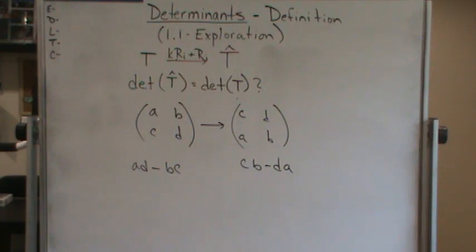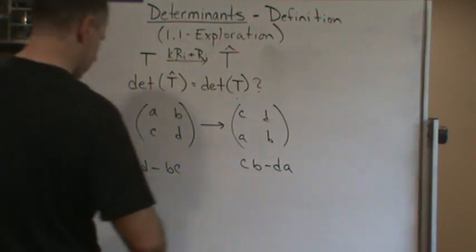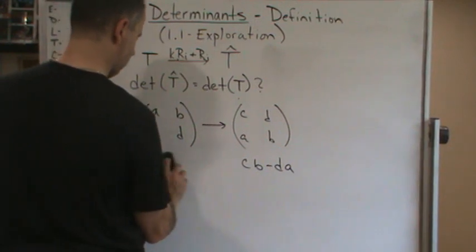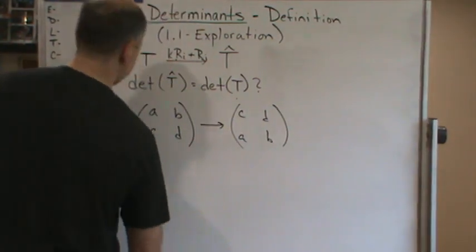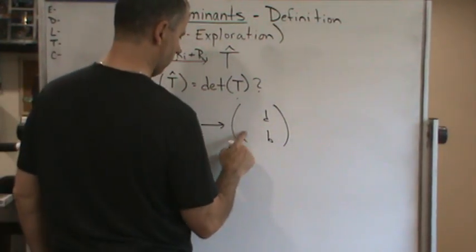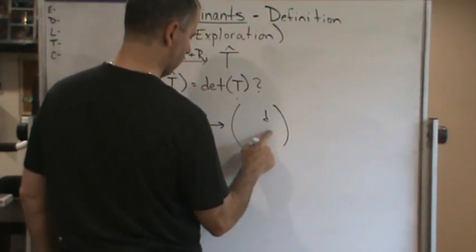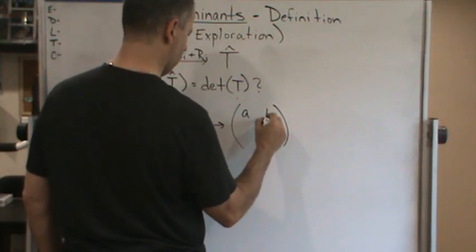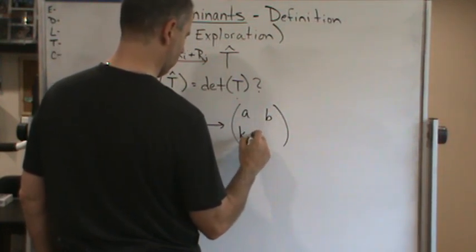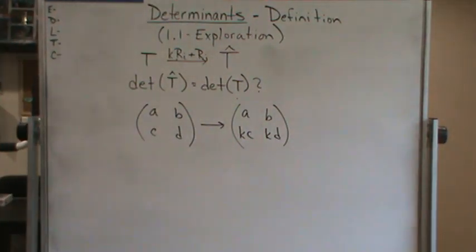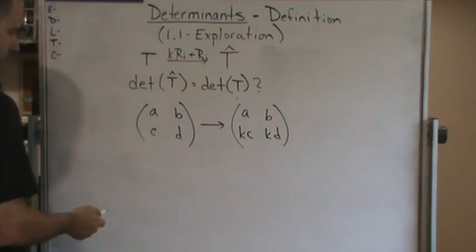And then finally, let's do scalar multiplication. Okay, so what happens here?